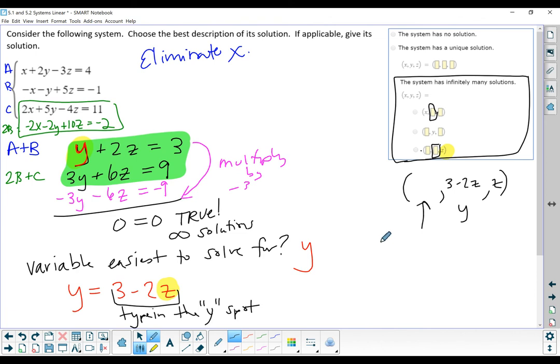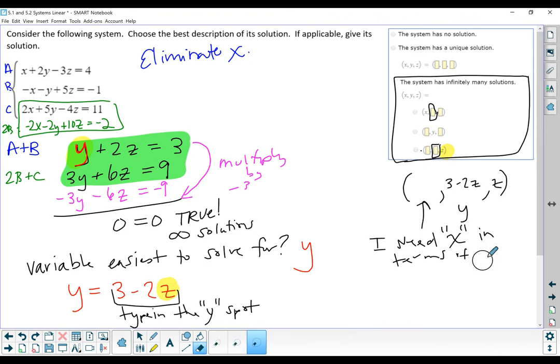And now I need x in terms of z. I need to figure out x equals blah with z's in it. My bad, sorry, in terms of z.